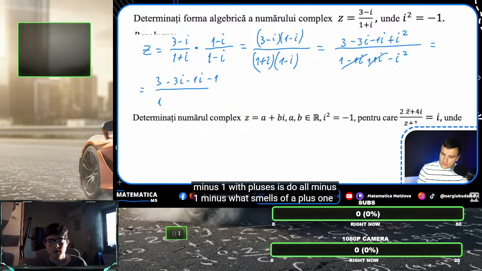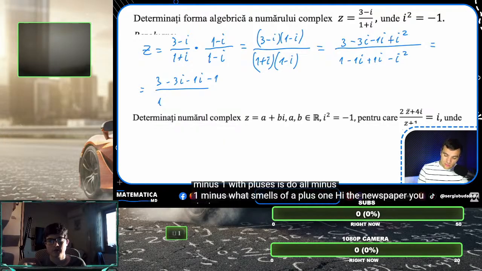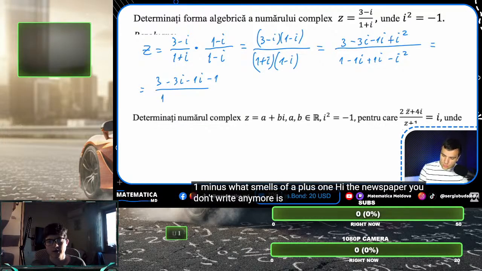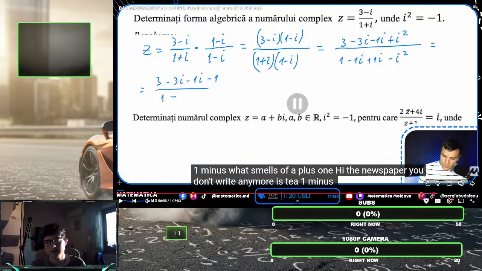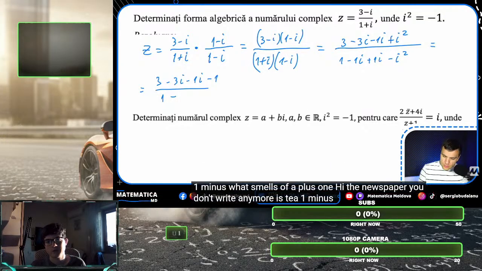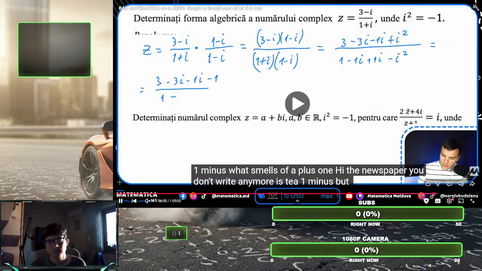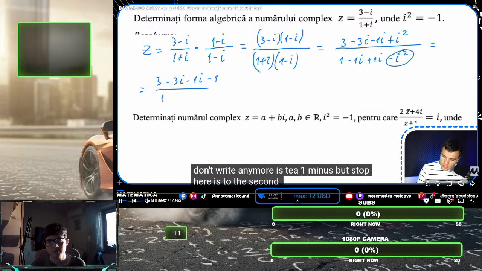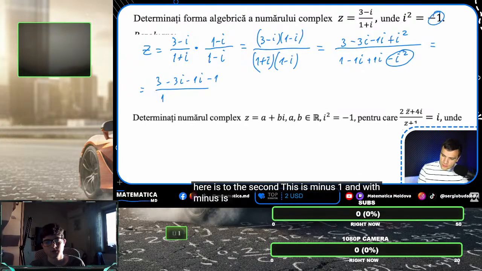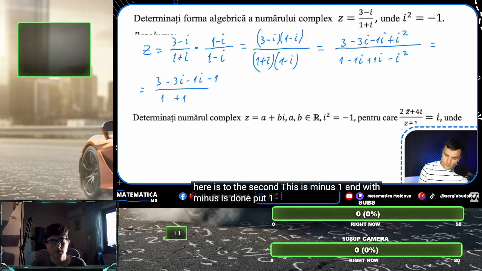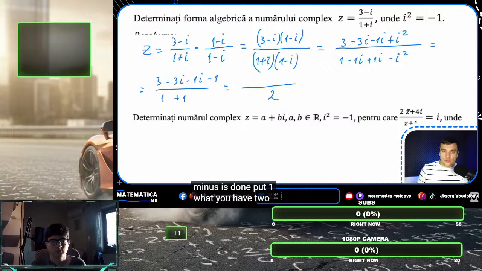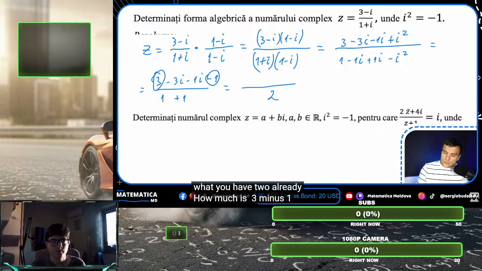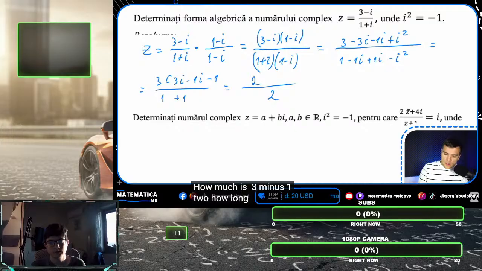So we're gonna have 1 minus 1 because i to the second power, boom. But actually no, because it's minus i to the second power, so it's gonna be 1 plus 1, right? And there minus 1 there, boom. So below you have 2. Now you have 3 minus 1, that's 2, minus 4i.